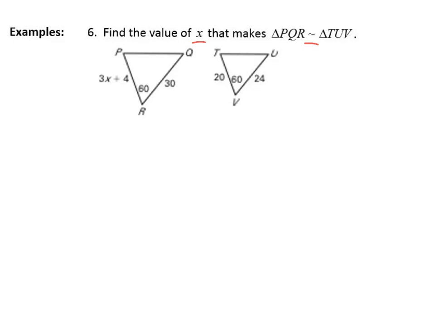Well, I can already see that we have a pair of angles that are congruent, 60 and 60. All right, and it looks like the sides that correspond, according to my statement, QR goes with UV, and it looks like PR, the side on the left, corresponds to TV, this side on the left. So based on that, I should be able to set up a proportion.